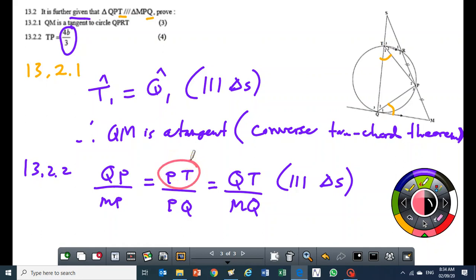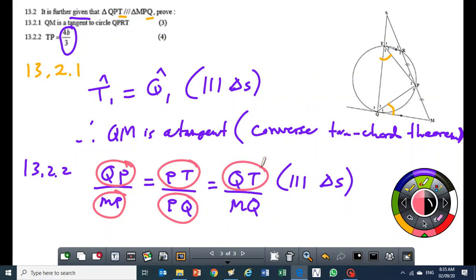Okay, that's our TP. Our PQ, we don't know what the length of PQ is based on the information. We know this QP we have got, that MP, then we have got QT, we know what QT is.